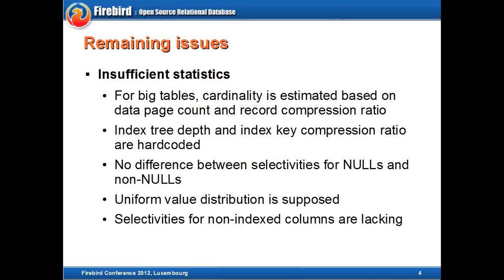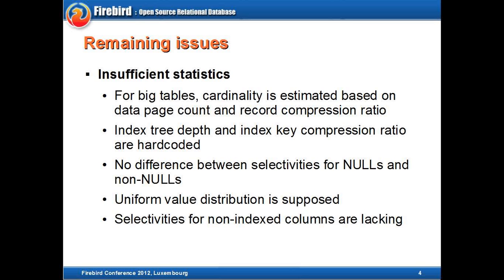But how many levels will be read? We don't know. Of course, if your database is big enough, not really small, it's likely to have 2 or 3 levels in the index tree. We know that, and we have 3 levels hard-coded. But it's not an exact estimation.